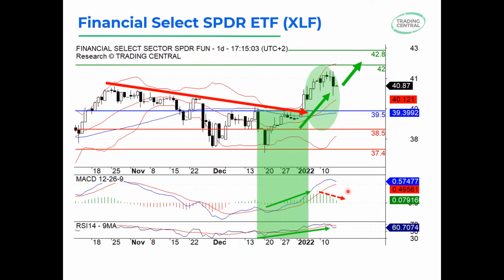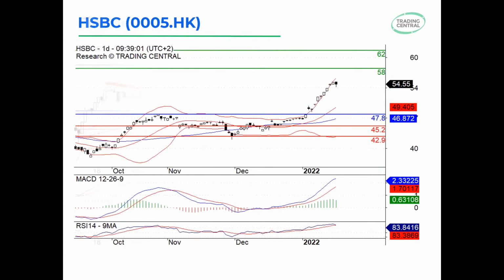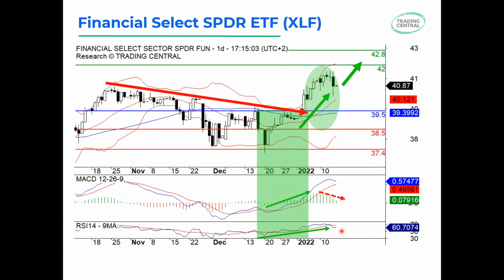And the RSI has closed below 70. Okay, still we can say we are still bullish on this one. ETF key support at 39.5, but you have to exercise caution, okay, because we are seeing this sign.